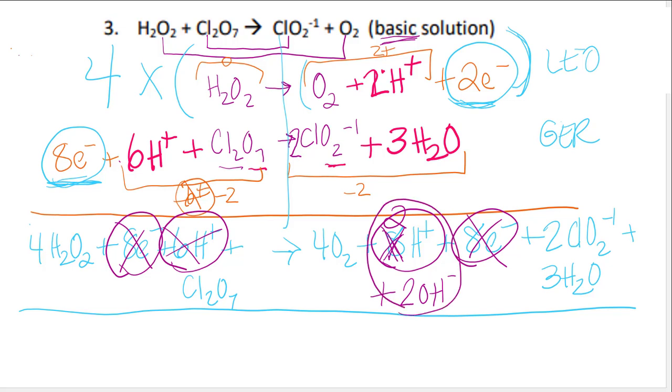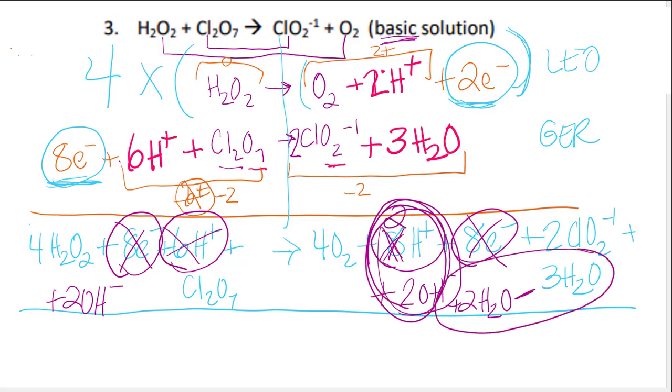Remember, these will combine, and I have to do the same thing over here, plus 2 OH minuses. These are going to combine to form 2 waters. And I already had 3 waters. So these are going to combine down here to form 5 waters.